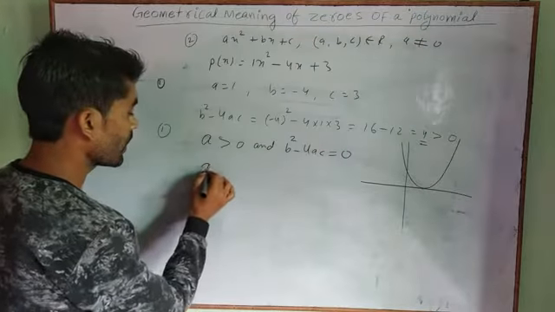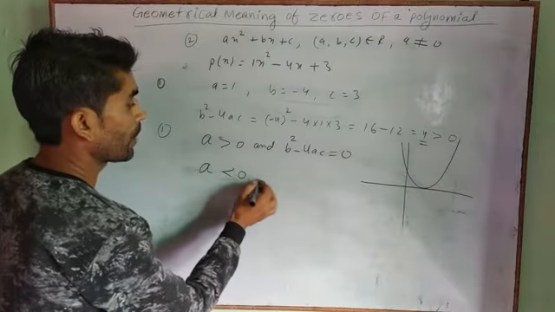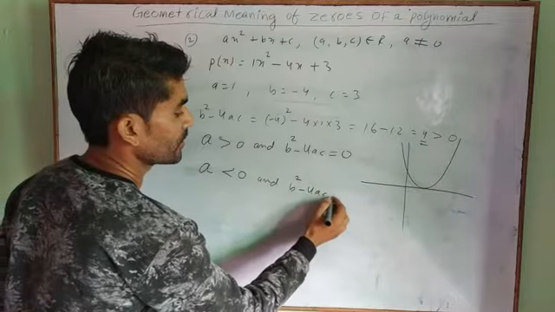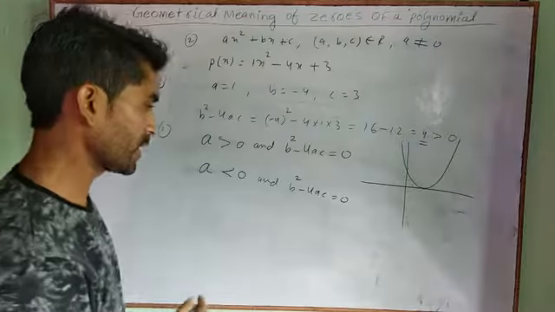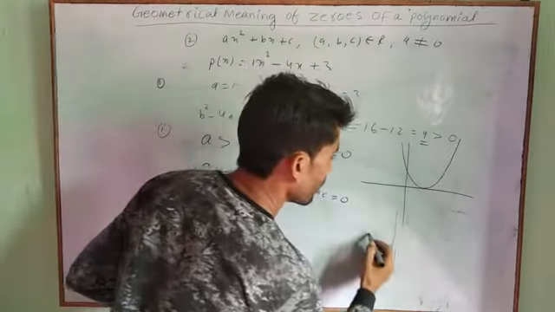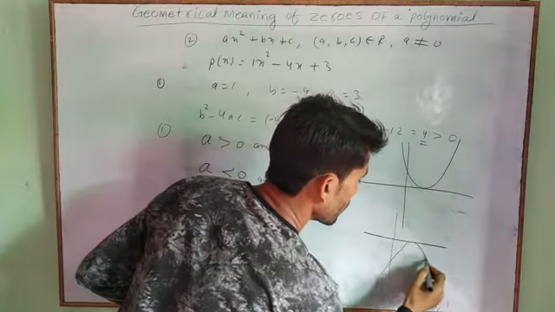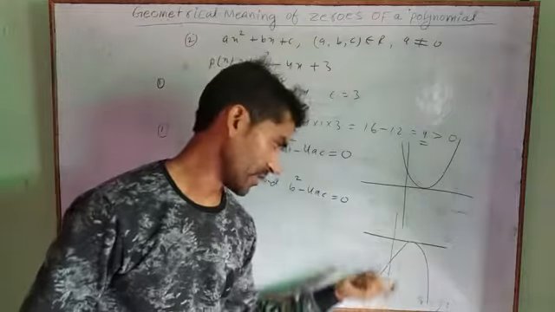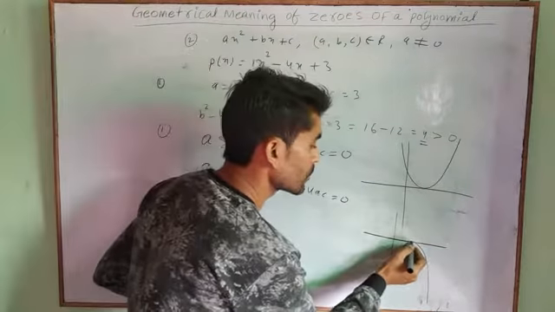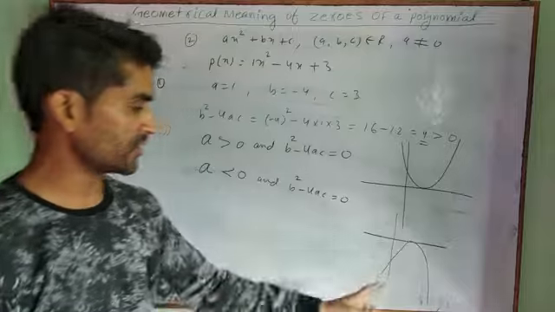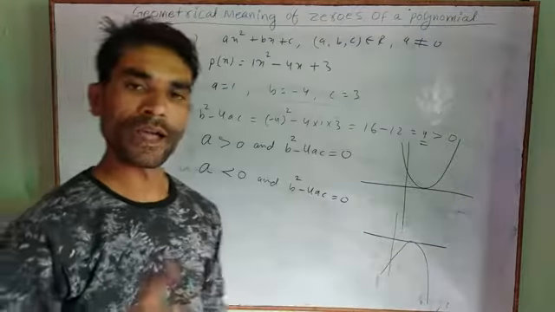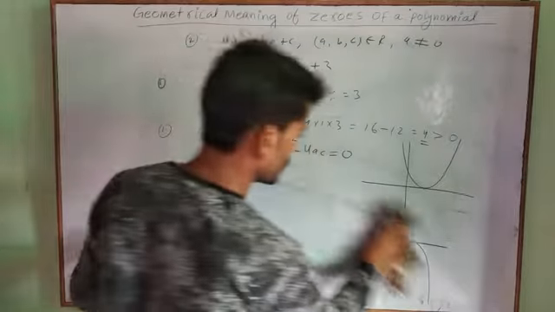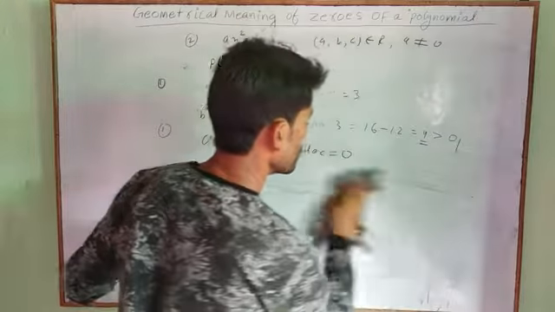If a is less than 0 and b square minus 4ac is equal to 0, then the graph will intersect at only one place and open downwards, and it also has one zero, because the graph intersects the x-axis at only one place.